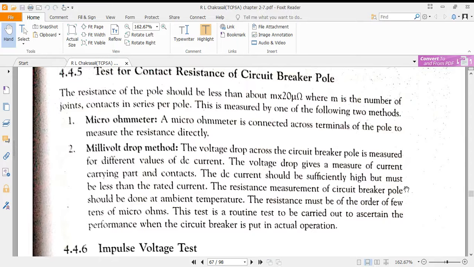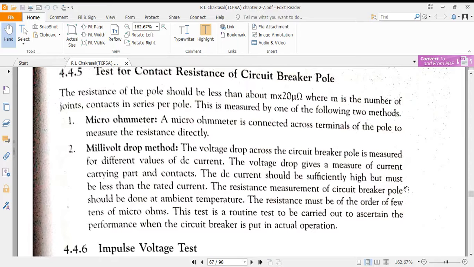Hazra: In the circuit breaker, the resistance should be low, sir. Sagar: Resistance will be low, sir, in circuit breaker.